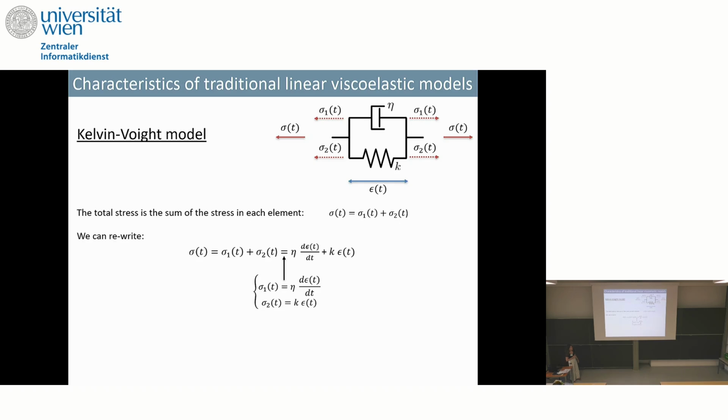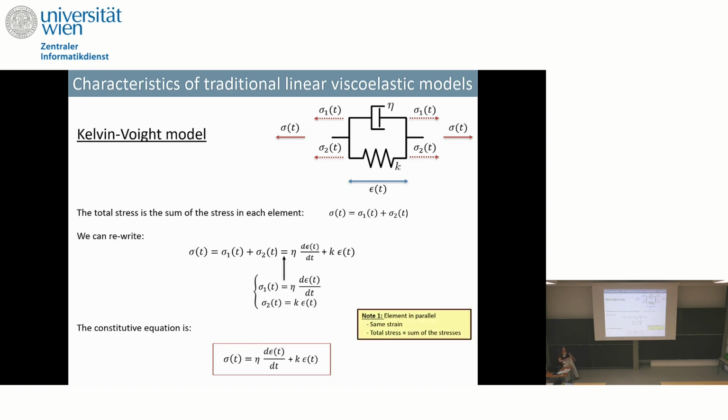So we simply substitute it here, and we obtain directly the constitutive equation, the differential equation associated to this graphical representation. So when we have elements in parallel, they do experience the same strain, and the stress is given by the sum of the stresses on the two branches. Now you have all the tools to make any models.